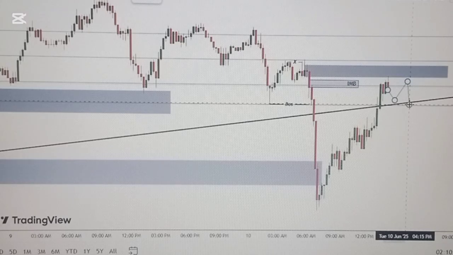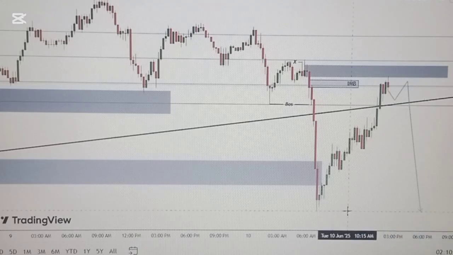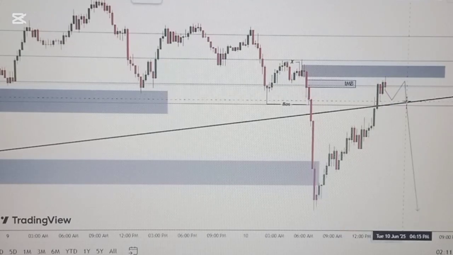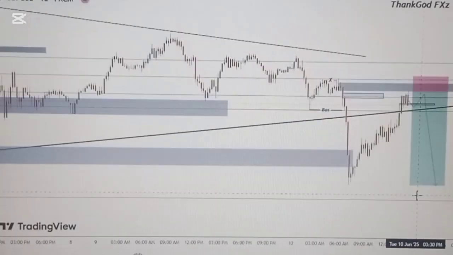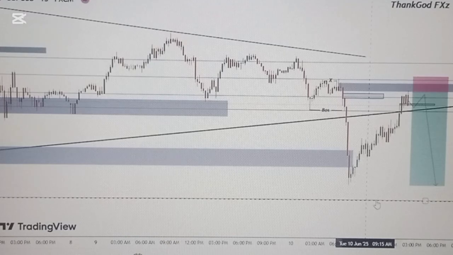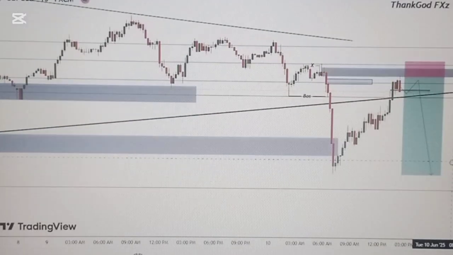For example, if this is a candlestick, then for the newbies, just know this place is your neckline. Don't be confused about the neckline. Just know that this area is your neckline. So when I talk about neckline, this is the neckline I'm talking about.